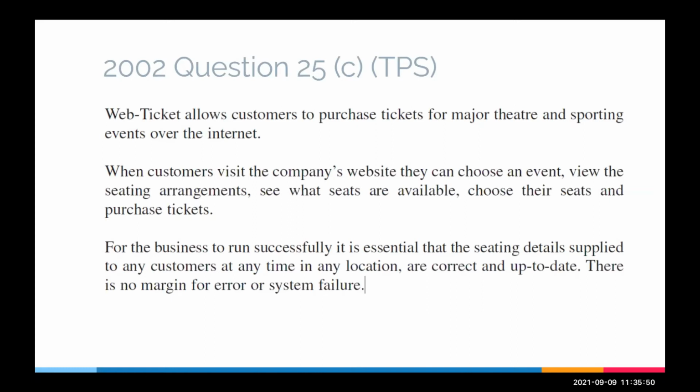For the business to run successfully, it is essential that the seating details apply to any customer at any time, in any location, and are absolutely correct. Otherwise, there's no margin for error or system failure.